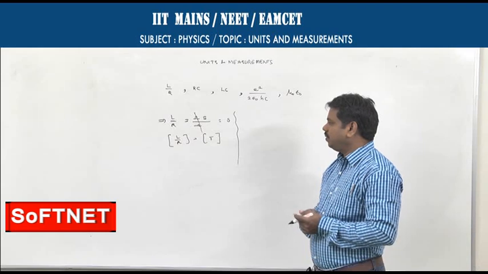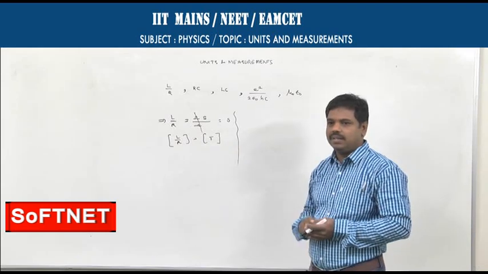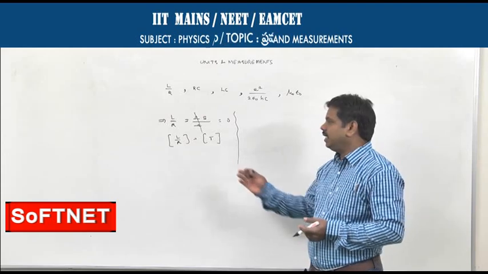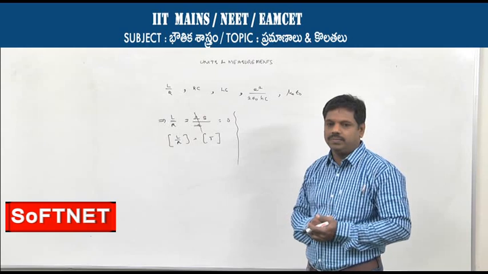But whenever you know some physical relations, then instead of solving like this, we can directly arrive at the dimensions of this physical quantity, L by R. How to get that?